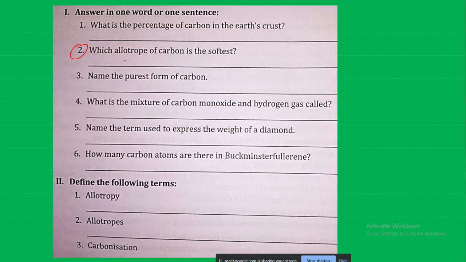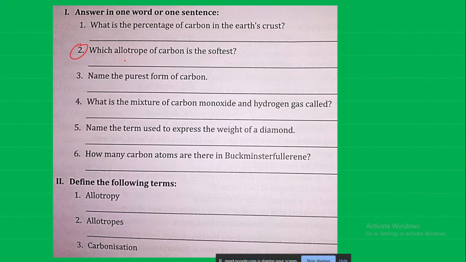Define the following terms: allotropy, allotropes, carbonization. What is carbonization? It means you are removing all the other substances by heating in a less amount of air, just like destructive distillation. Whatever carbon is present will remain, because if you burn in the presence of oxygen, the carbon will react with oxygen and form carbon dioxide.